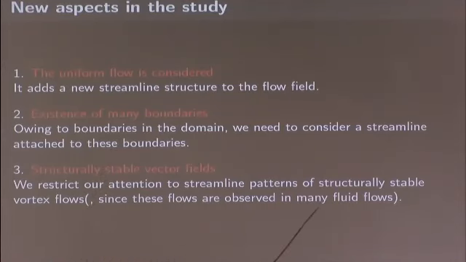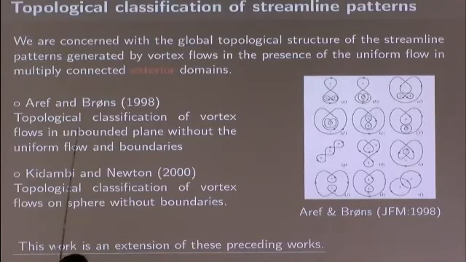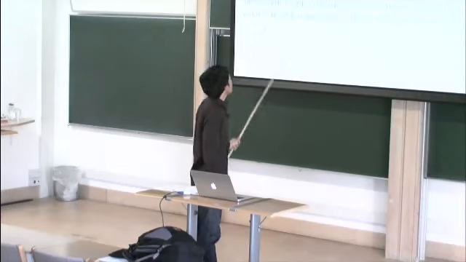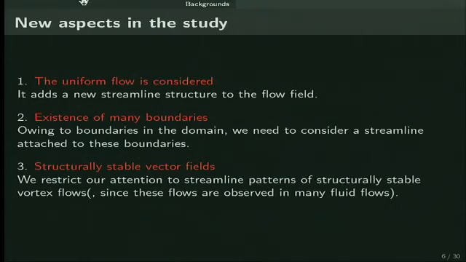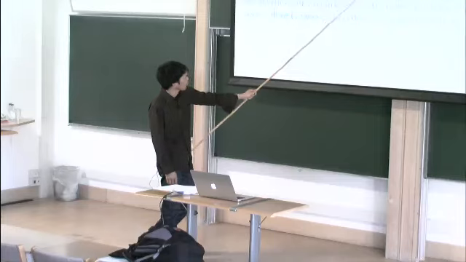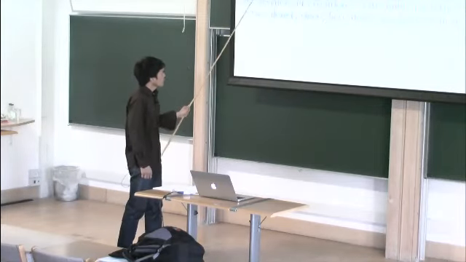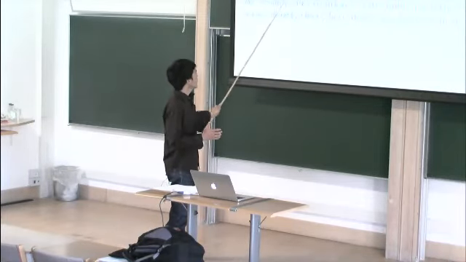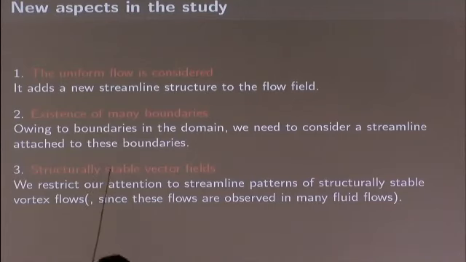Previous works don't deal with the boundary, but our work does, and of course we can deal with usual Hamiltonian vector fields without sourcing points, so we can consider both cases. And third is structural stability. We deal with structurally stable flow, which is a very generic flow, and invariant.